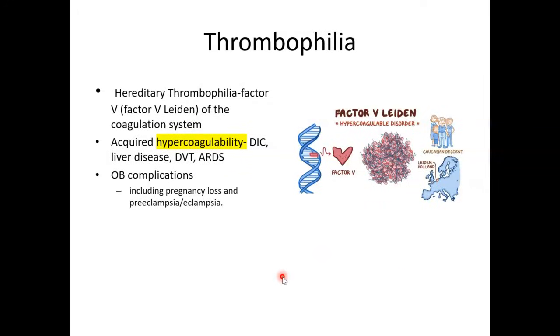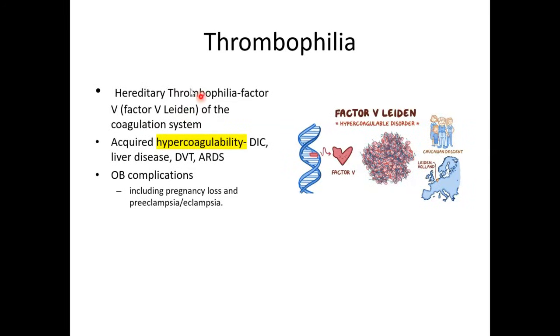I want to talk about thrombophilia. The only one I want to talk about is factor V Leiden deficiency. There are other hereditary thrombophilias that are not as common, but the most common one that you should know about is the hereditary thrombophilia factor V Leiden deficiency.